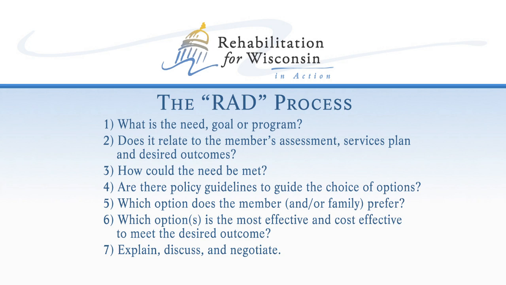The idea is that the care management team will go through it piece by piece and look at whether a particular service is necessary for a member's outcomes, whether the service can be changed in some way, or even whether the service can be terminated.